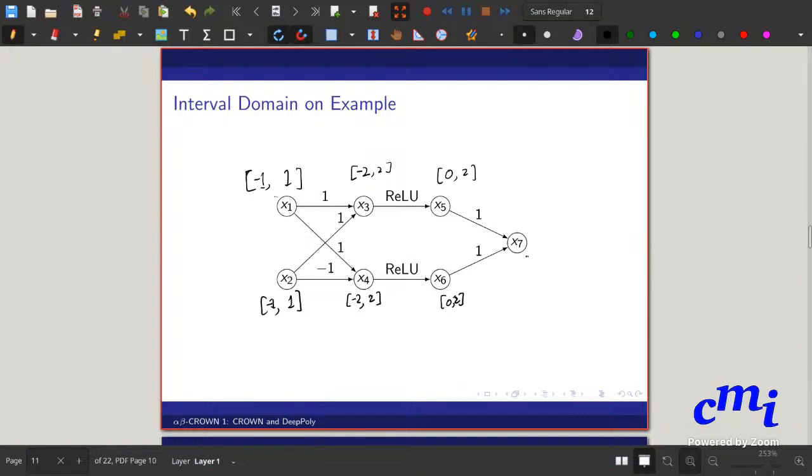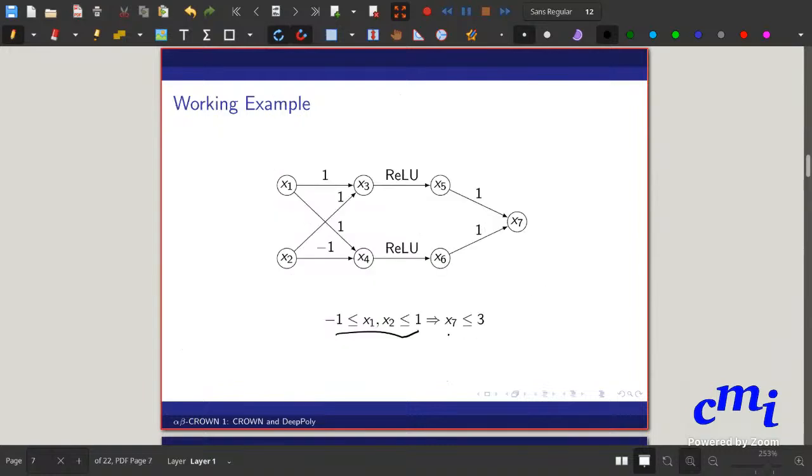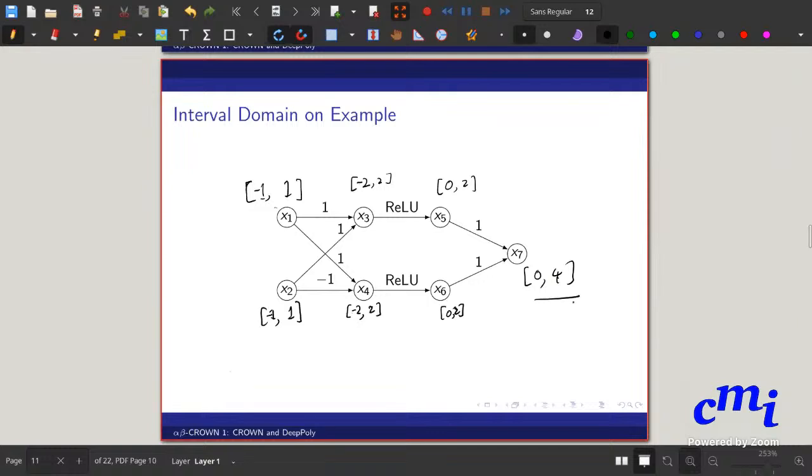And then the conclusion that we come to via interval propagation is that x7, which is x5 plus x6, is going to end up being [0, 4], right? And again, if you go back, what we wanted to prove about this network is that x7 should be less than or equal to 3. And we don't have that. The interval is not sufficient to prove that x7 is always less than or equal to 3 because we have the value 4.